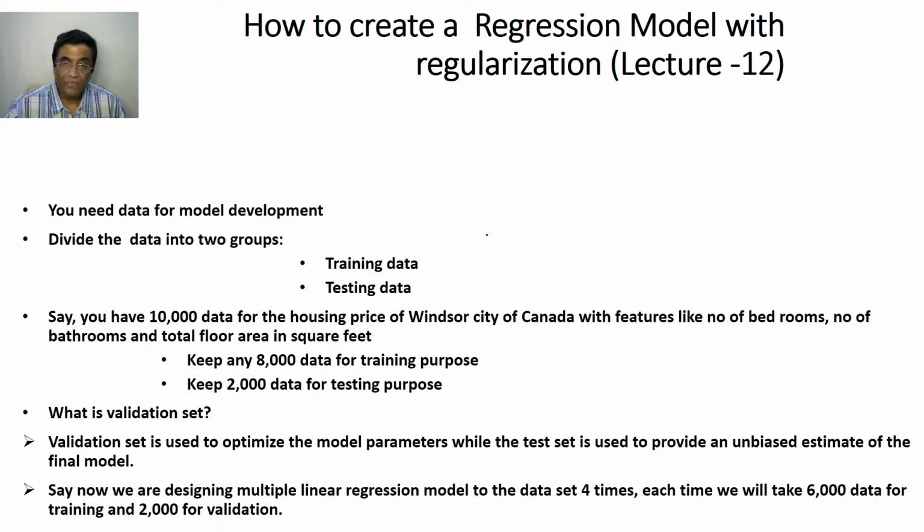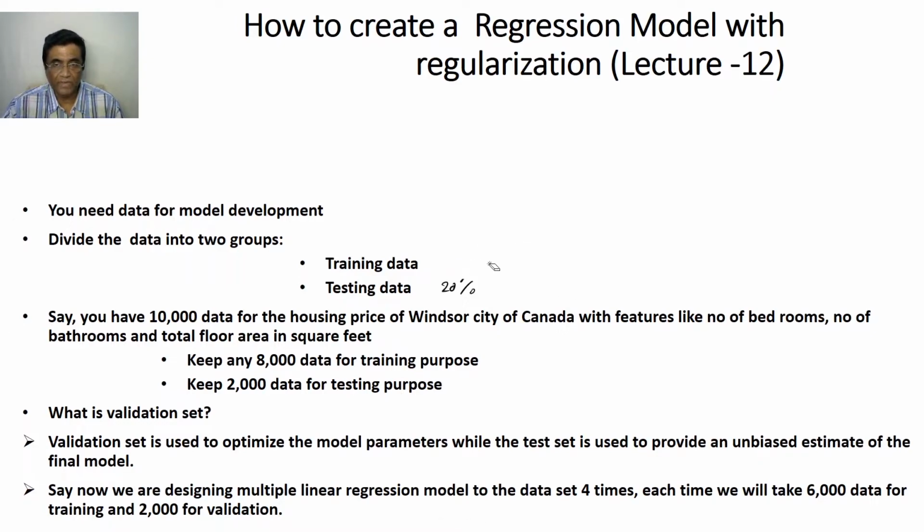Normally, whatever data is given, some 80% is used for training purpose and 20% for testing purpose, or you may use 70% for training and 30% for testing. A 70-30 split will be more robust, of course, because if your test data is large, you can validate with a large number of data.